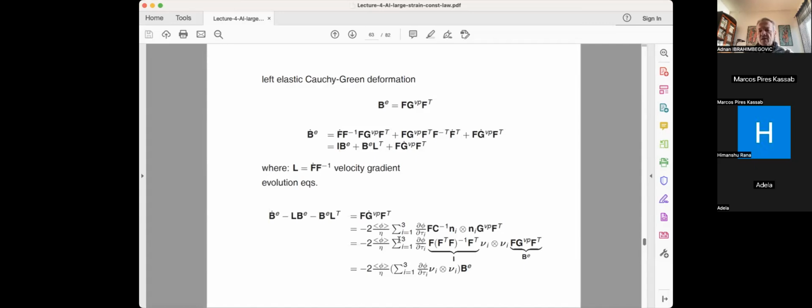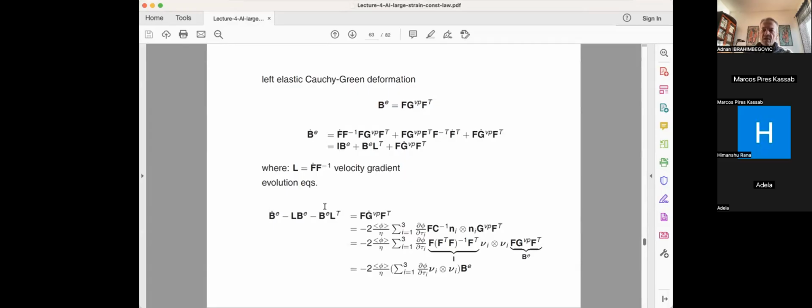So if you take this spatial configuration, then you have to deal with the rates. For example, here you have how to compute this evolution of the elastic left Cauchy-Green deformation tensor through these corresponding rates, as opposed to doing that on the Lagrangian version of that, where you had just a GVP dot.